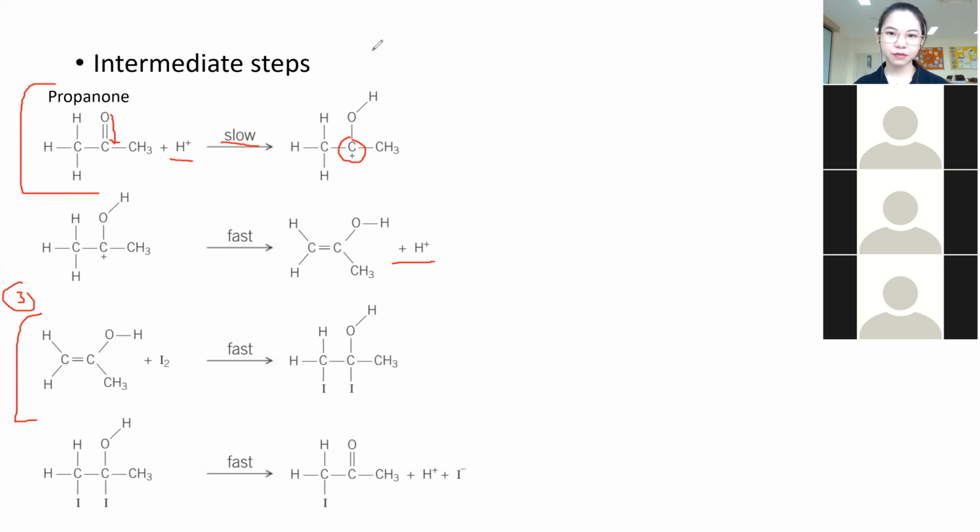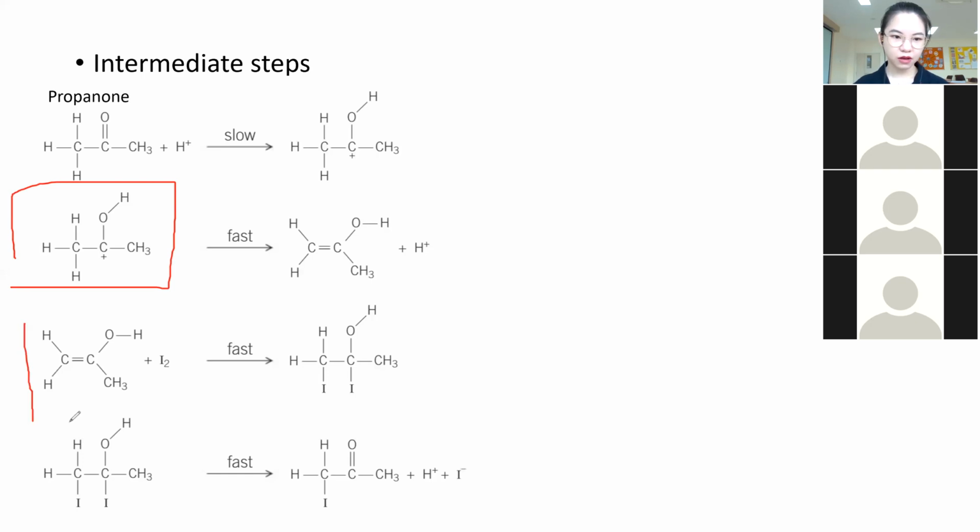So none of these species affect the rate of reaction. The only species that affect the rate of reaction are propanone and H plus, because they're in the rate determining step. And since it's the first step, there is nothing before it. So those are the only two species that affect the rate expression.